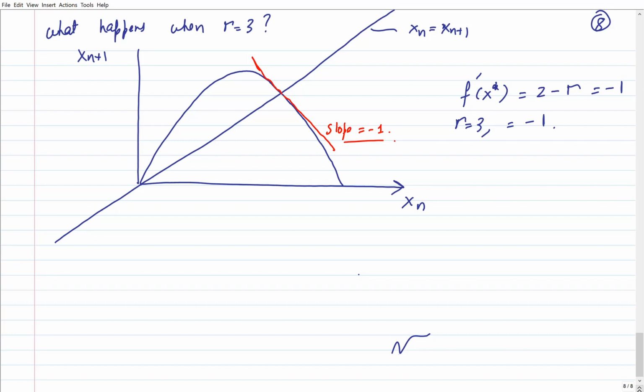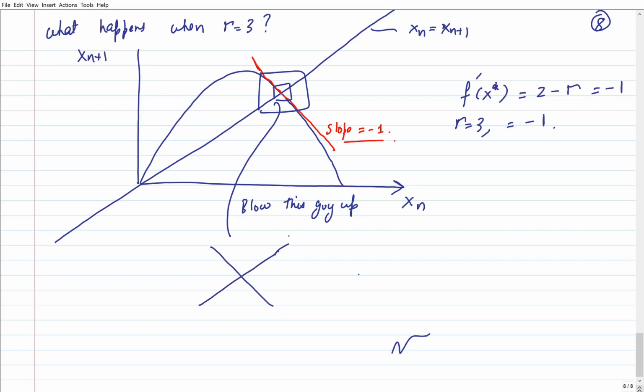So I'm going to just blow this guy up, zooming in on this part. Very close to this fixed point, actually the tangent itself is the curve. So I have two lines. This was my diagonal line, xn equals to xn plus 1, and this was my curve. And as I can see, they are intersecting each other at right angles.